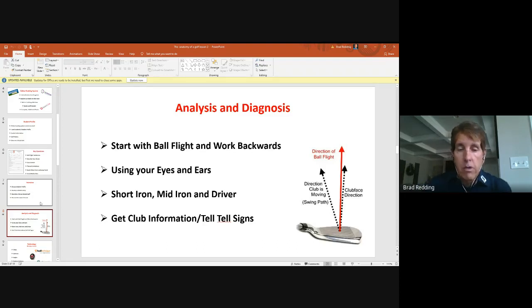I get club information, what I call telltale signs. I was doing a lesson for a guy one time, and I'm just casually looking at his clubs while he's hitting golf balls, getting warmed up. And I noticed on his driver, he's got all these sky marks. We're talking a little bit, and he's hitting maybe a 7 iron out there.